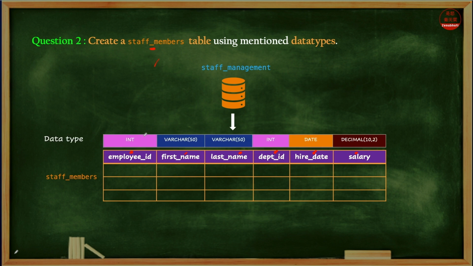And the very first column will have integer data type, first name will have varchar, and the last name will also have varchar, and the maximum size allowed is 50 characters. Department ID will have integer data type, hire date will have date data type, and salary will be in decimal data type. Let's try to solve these questions with SQL implementation.